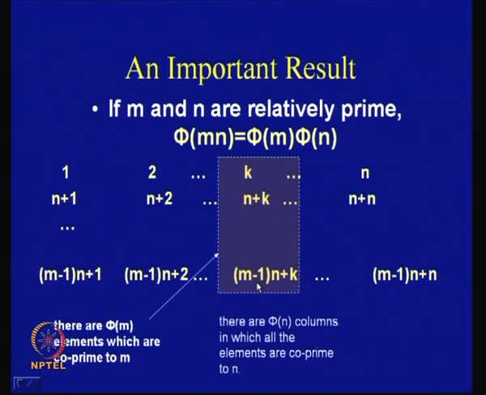So to find the number of elements co-prime to both m and n, we just need to multiply phi n with phi m. Phi n gives the number of columns co-prime to n, and multiplying with phi m gives exactly those numbers which are co-prime to both m and n. That is a very interesting proof and a very useful result. Therefore, phi of mn, where m and n are relatively prime, is nothing but the product of phi m and phi n.